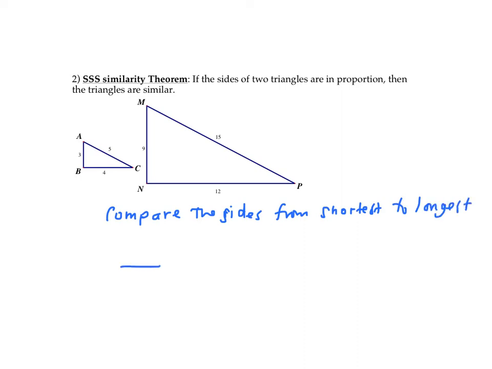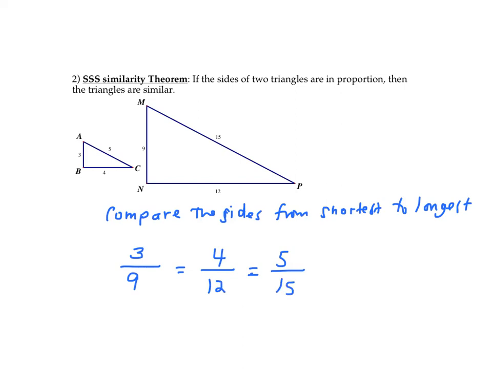Because we're comparing three sets of sides, let's just quickly set up three ratios. In our smaller triangle, we have side lengths of 3, 4, and 5. I put them in order from smallest to longest. And in the bigger triangle, the side lengths are 9, 12, and 15.